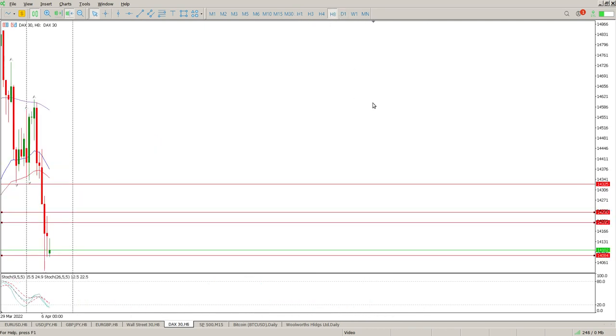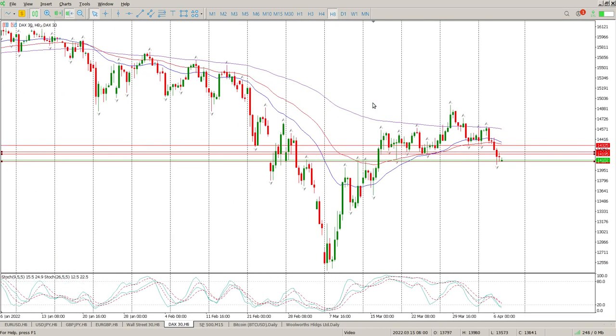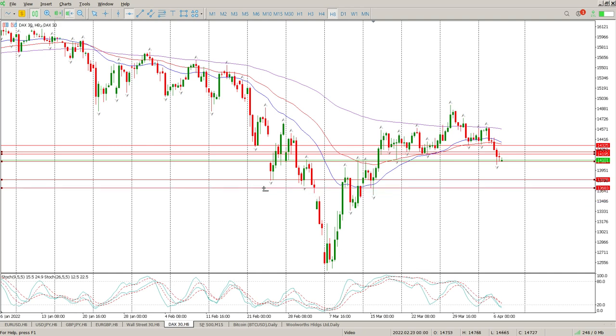And if you just go back to your higher time frames, the next logical step for us to get to is over here, and that is at 13,800. So 13,800, and then just below 13,800 is another area there, and that is 13,700. So that's kind of the view to the downside.